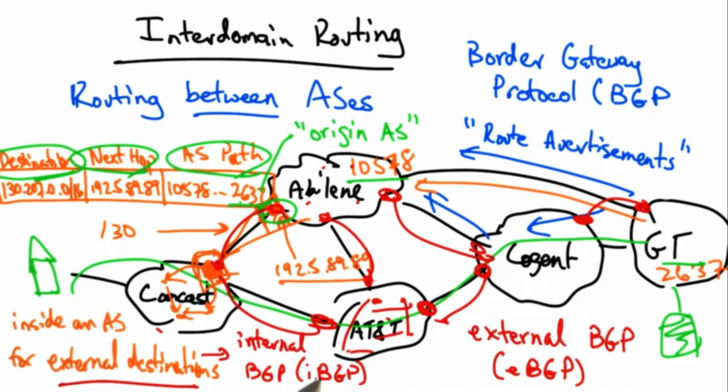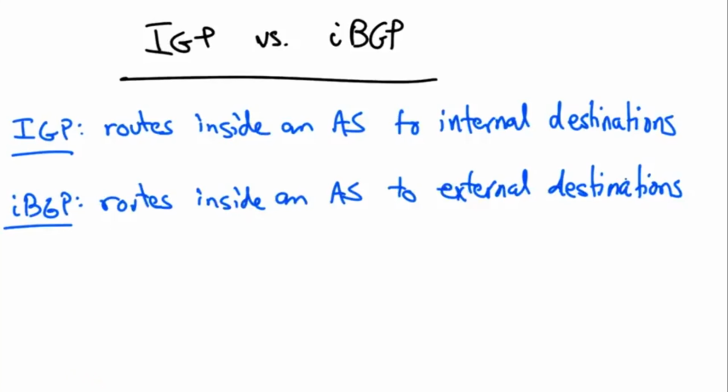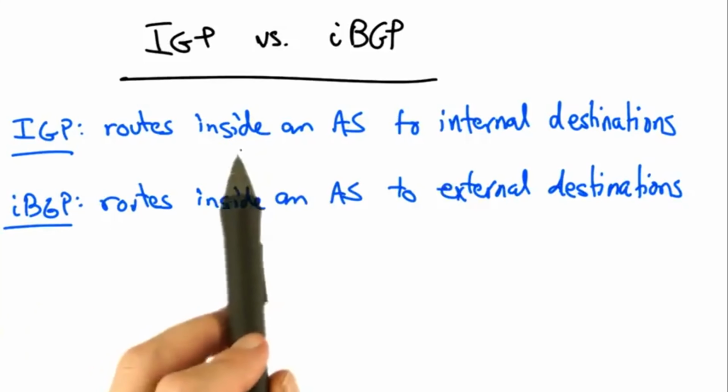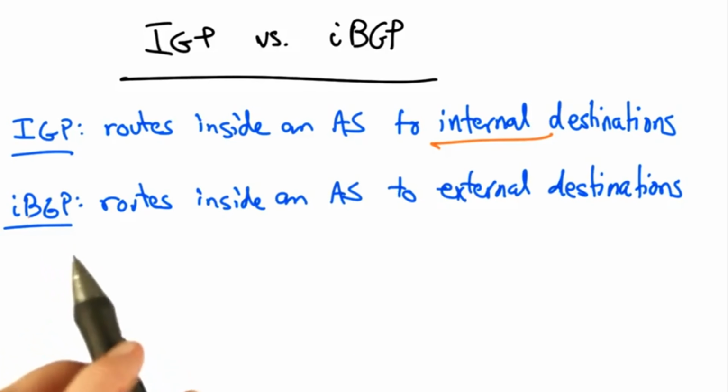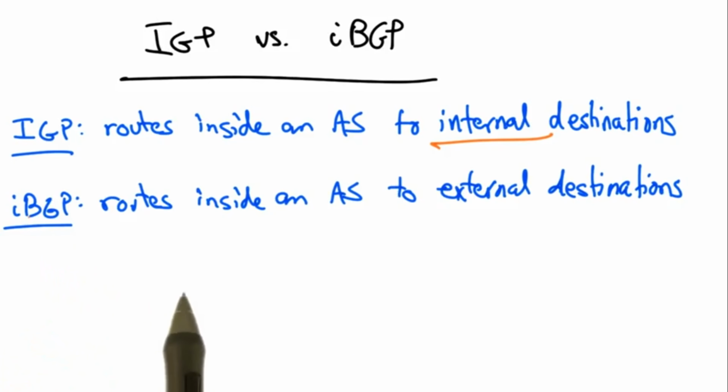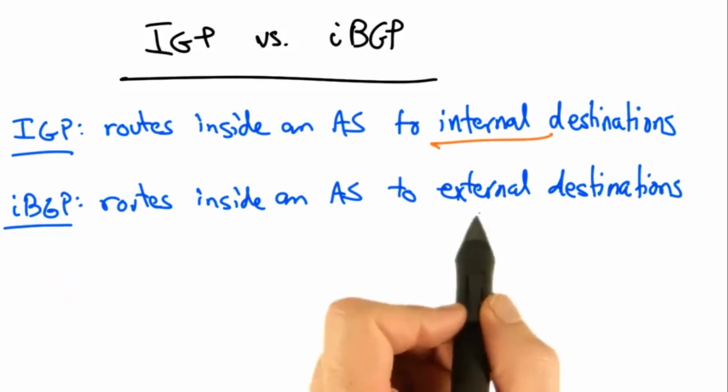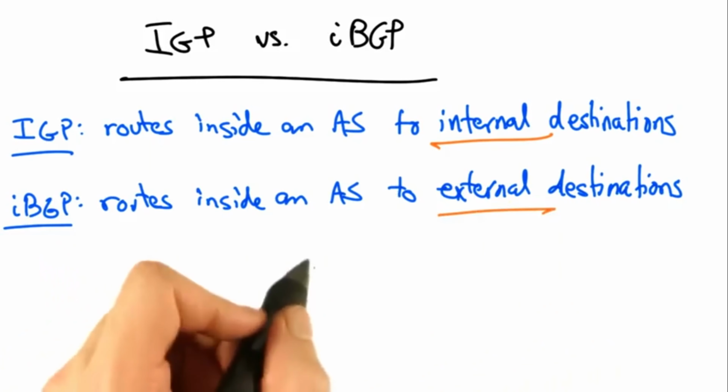Note the distinction between IGP and an intra-domain routing protocol or an IGP. The IGP, or the intra-domain routing protocol, disseminates routes inside an AS to internal destinations, whereas iBGP, or Internal Border Gateway Protocol, disseminates routes inside an AS to external destinations.